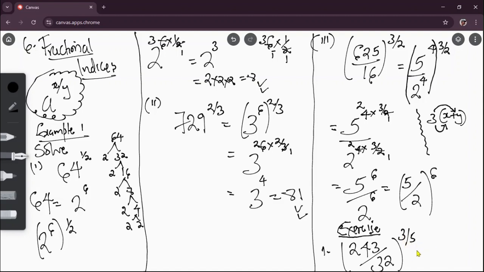So this is the power. Please, I would wish to get your answer in the comment section. You can work it somewhere and let me know what your answer is. All the steps, of course, you indicate all the steps.